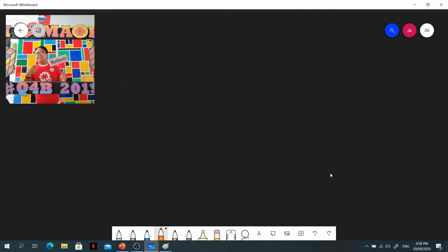Hello, magandang araw. Last time we discussed the difference of two squares. Okay? So, ito yung binomial na naka-minus. Halimbawa, a squared minus 4.